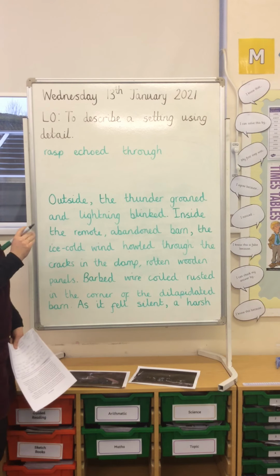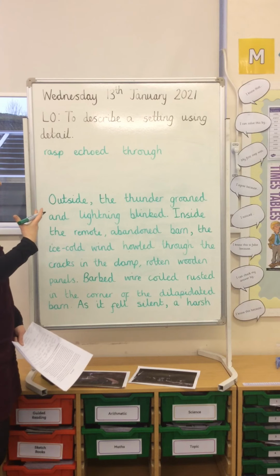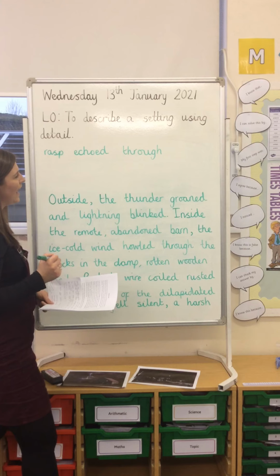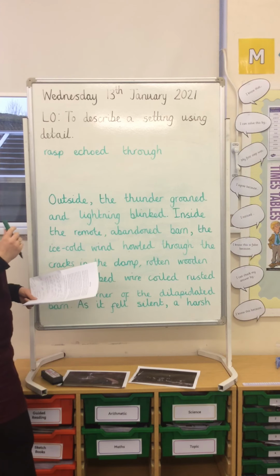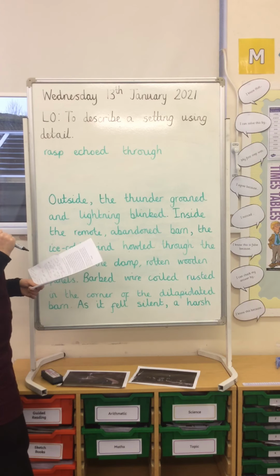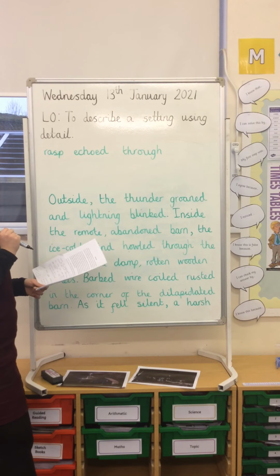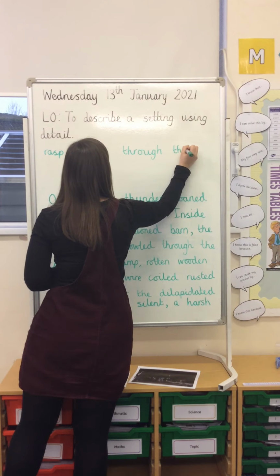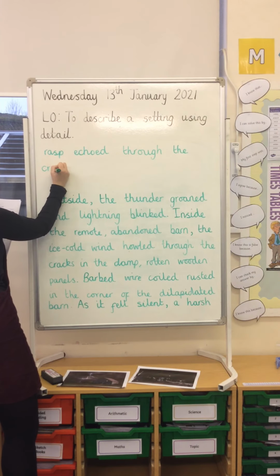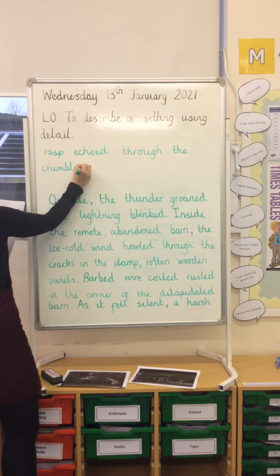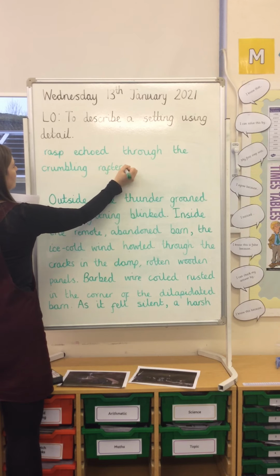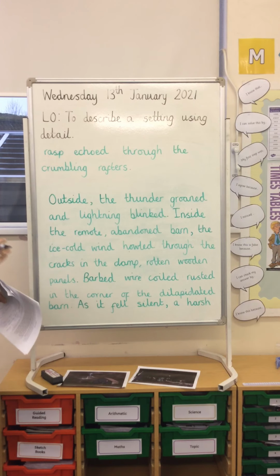I want to think, where's that sound echoing? Is it travelling upwards? Maybe at the top of my barn, I'm going to have my rafters. And how can I describe those rafters, those wooden beams that are holding that roof structure? Obviously, it's not a very sound structure, so I might say, through the crumbling rafters. And then, for now, I've written my 3 sentences.